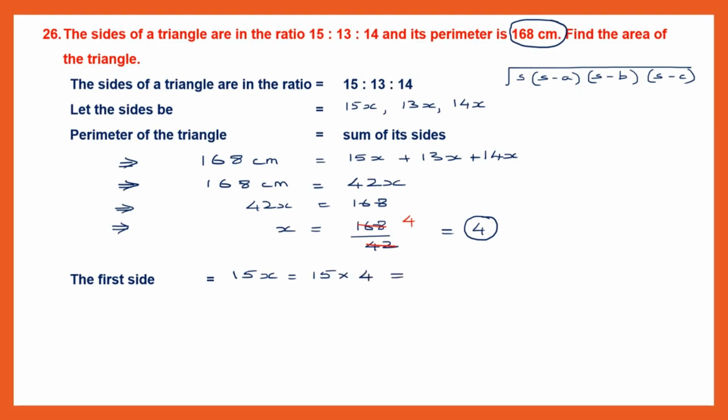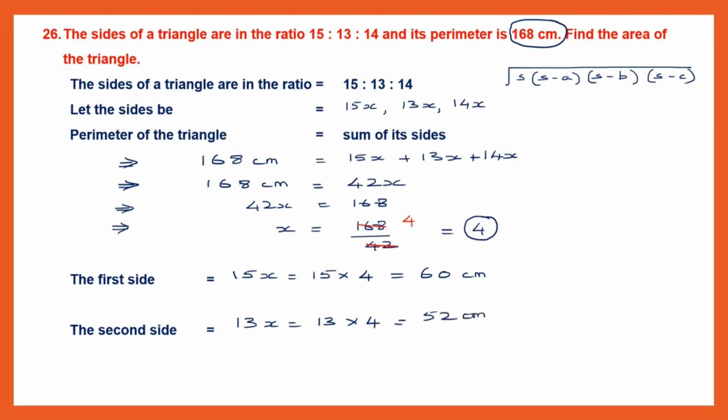So 15 into 4 is 60. So the first side is 60 centimeters. The second side we said is 13x. So that will be 13 into 4, which is equal to 52 centimeters.